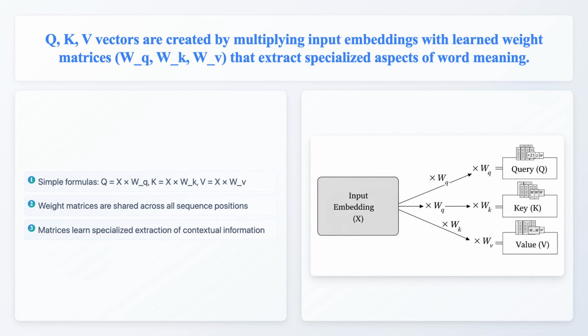When you fine-tune a model, you're primarily updating these attention weights to capture domain-specific patterns. The dimensions typically match the embedding size. If embeddings are 768 dimensional, each QKV vector is also 768 dimensional, though multi-head attention often uses smaller projections.